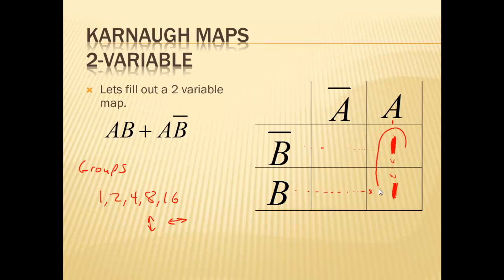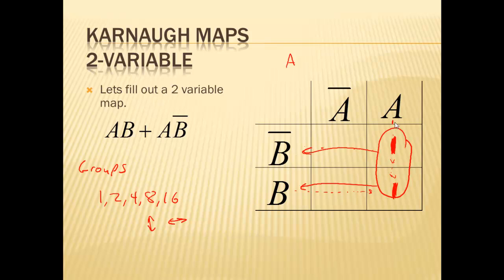So if we look at this group, we've got a group right here of 2. So basically we're going to be able to simplify this. Now the easiest way I found to figure these out is we're going to look up on this group and we're going to look side to side on this group. If you look up in this group, we have a single letter that we're showing, and that is A. So write down A. If you look to the side here, we've got a B naught and we've got a B. Well, you can think of B naught and B canceling each other out, so we're not going to write them down.